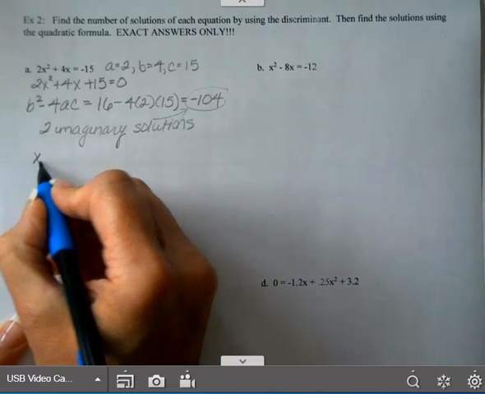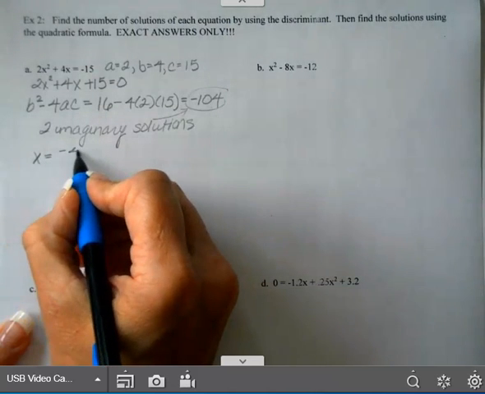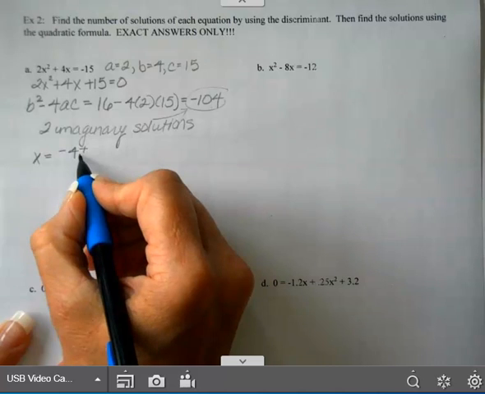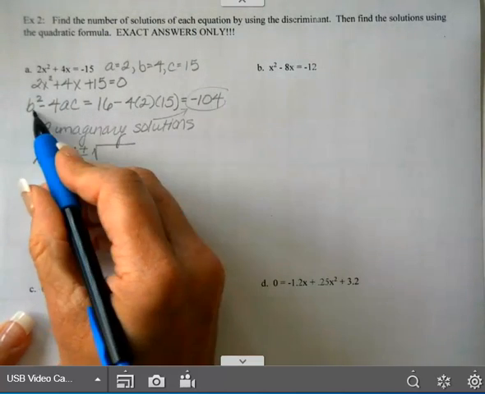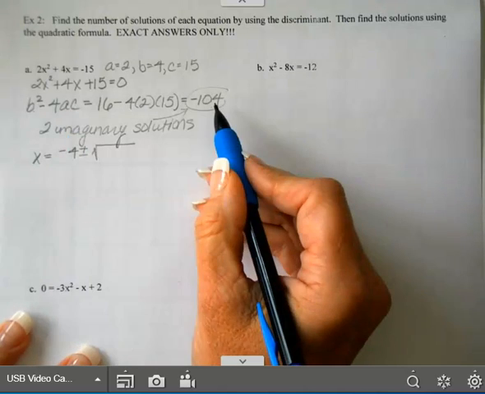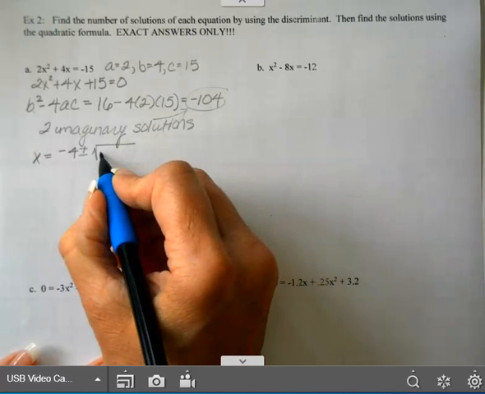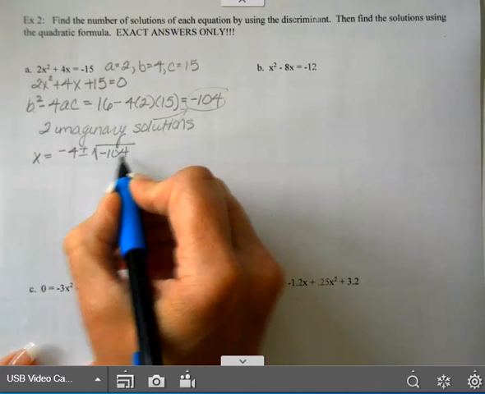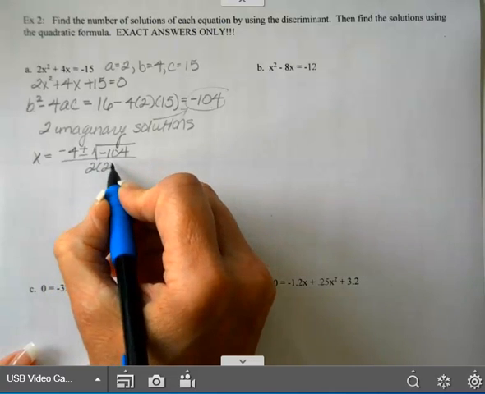Let's go ahead and set this up. So x equals the opposite of b, so negative 4, plus or minus the square root of b squared minus 4ac, so that's my discriminant of negative 104, which I just found, all over 2 times a, which is 2.